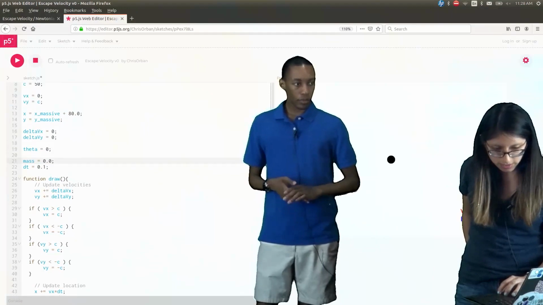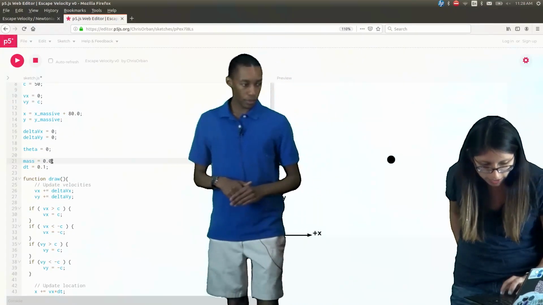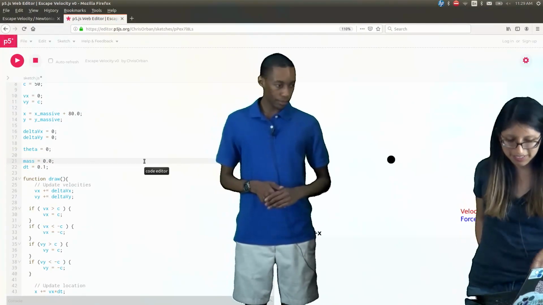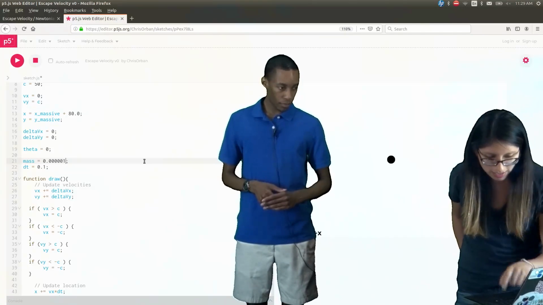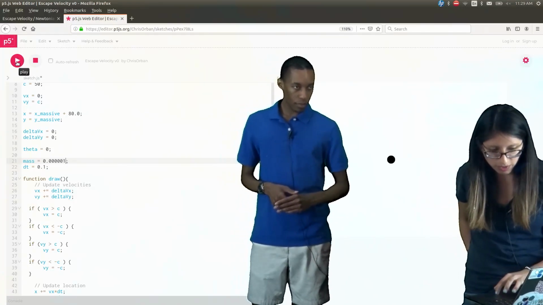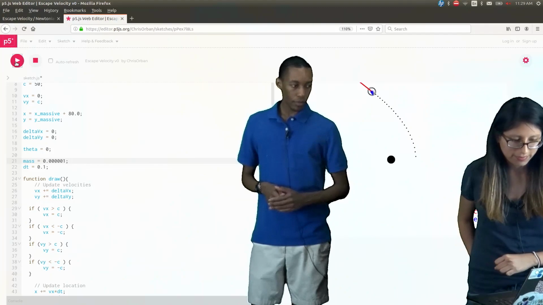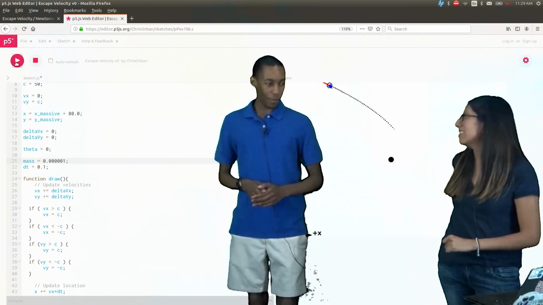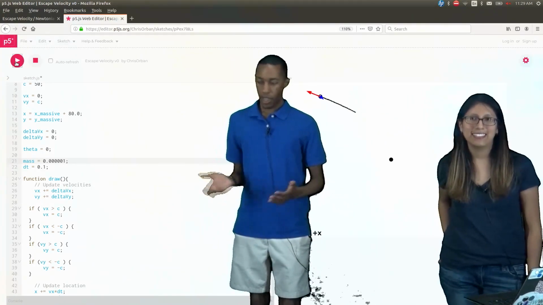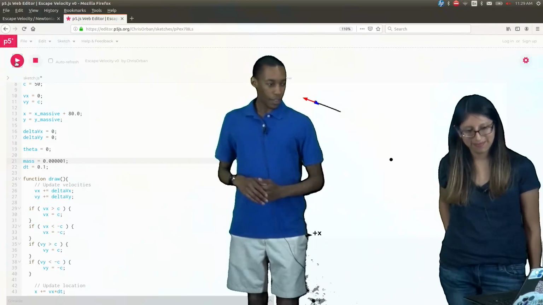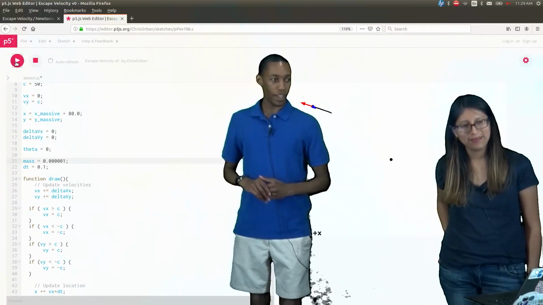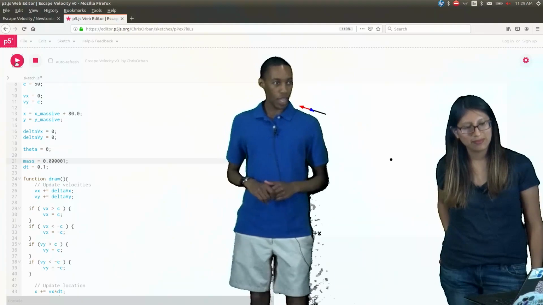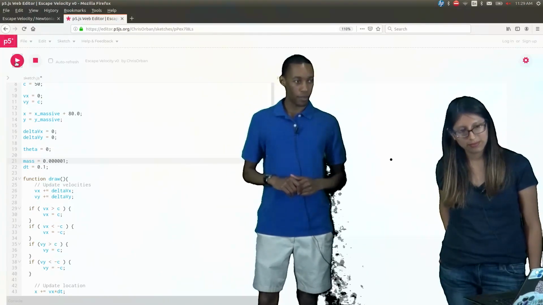I see, so setting it to a mass of 0 breaks the code. So let's try a number very, very close to 0. Now it'll run. We escape. And that's as much of a proof as we can give right now, but we can better solve for this actual radius by going to the board.